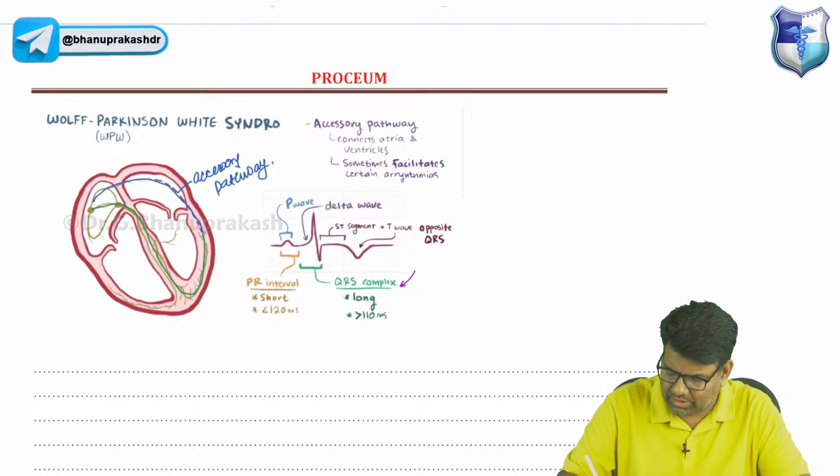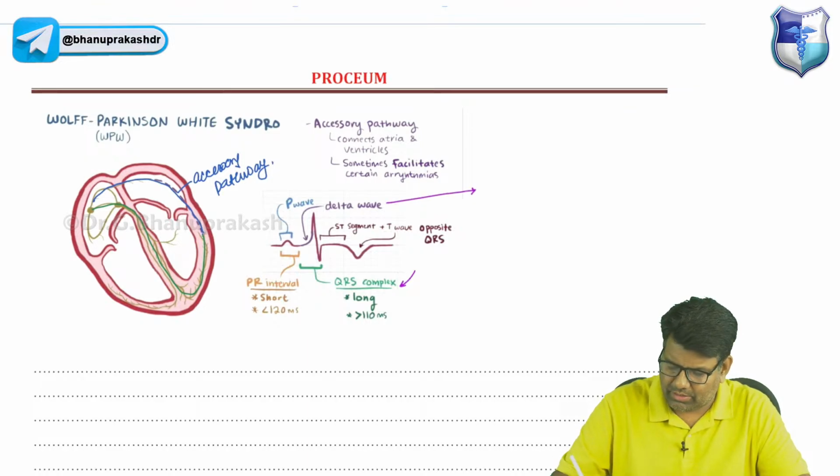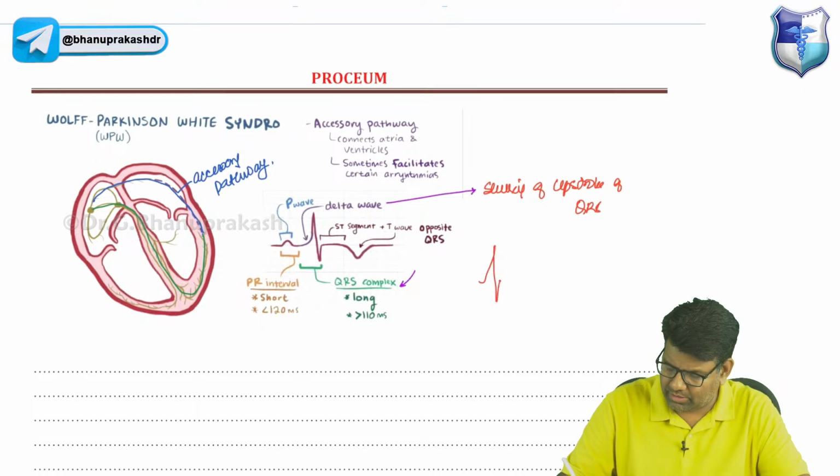Also you can see a delta wave. What is this delta? It is slurring of the upstroke of the QRS; normally it should be sharp like this. Here we have slurring, which is known as delta.